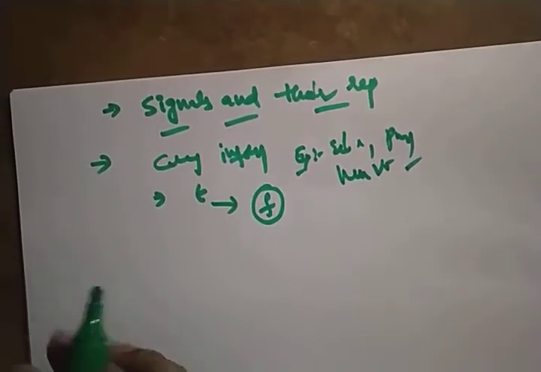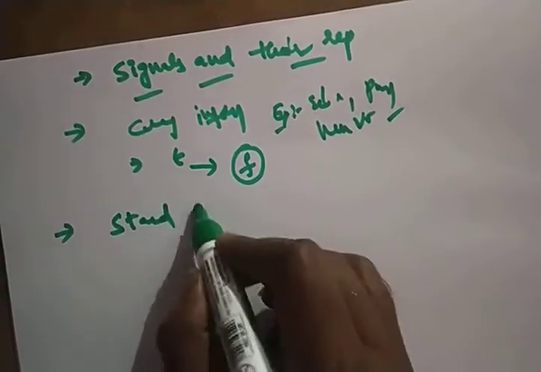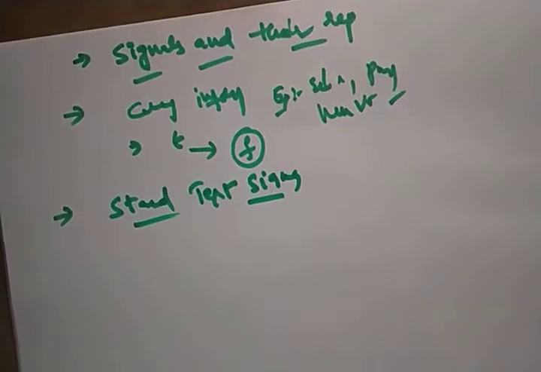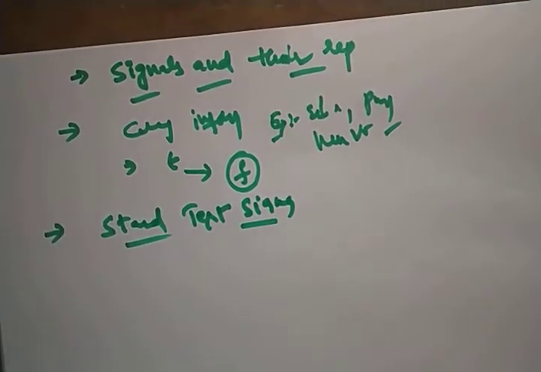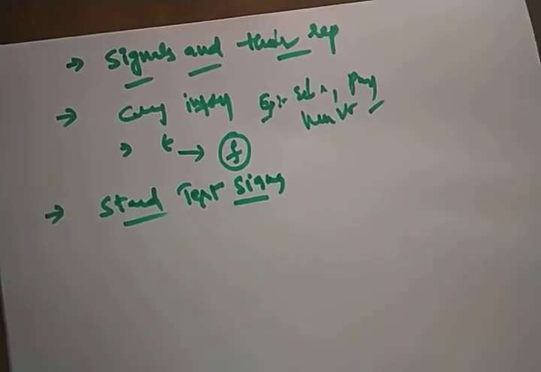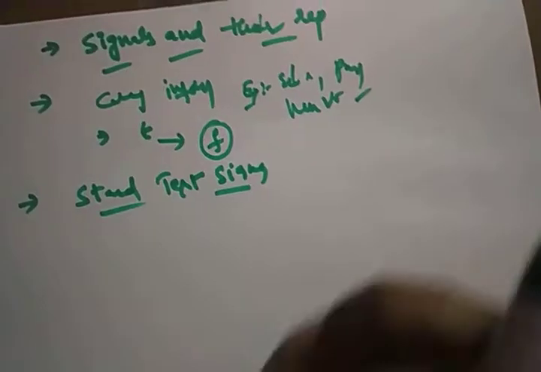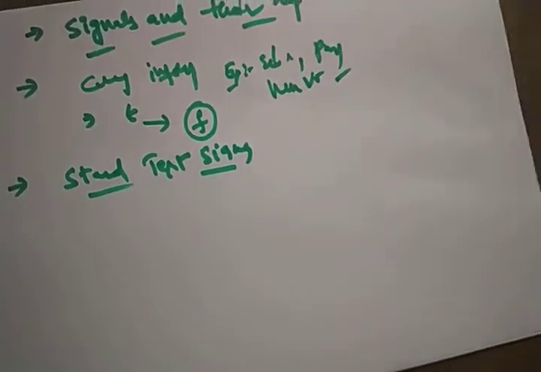Next, what are the standard test signals? We discussed standard test signals. These are the signals we can easily generate in the laboratory. That means if you want to predict any system performance, we need an input signal. So what type of input are you giving to predict the system output?